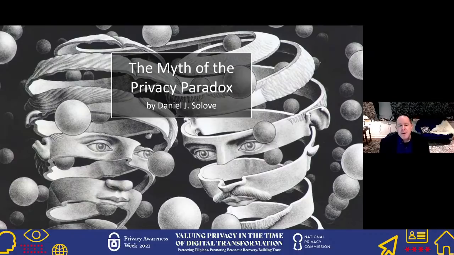And then they would conduct an experiment. They'd ask them to sacrifice their privacy in some way. So they'd ask, hey, will you give up your social security number or ID number for something small, like a small discount? And people would give it up.